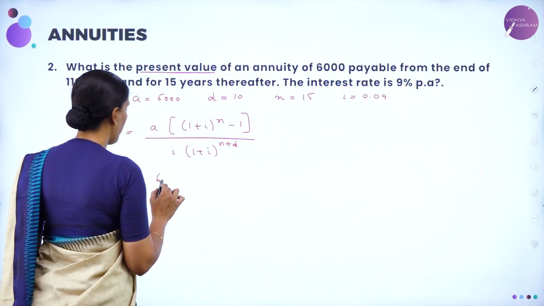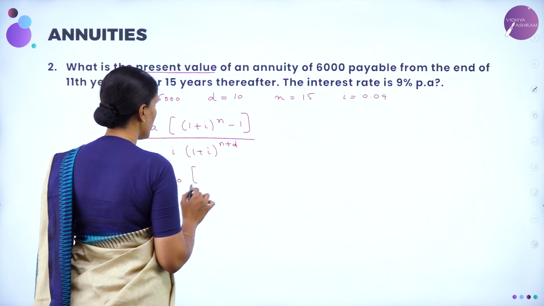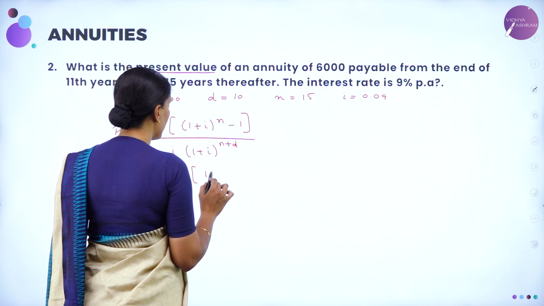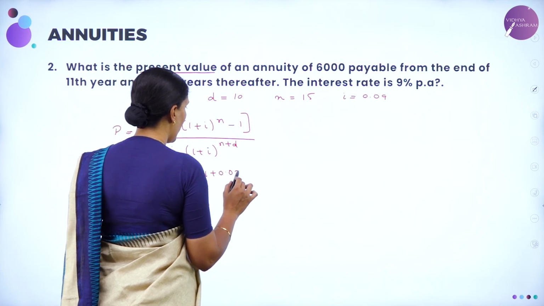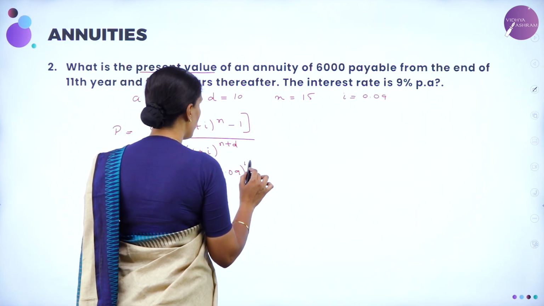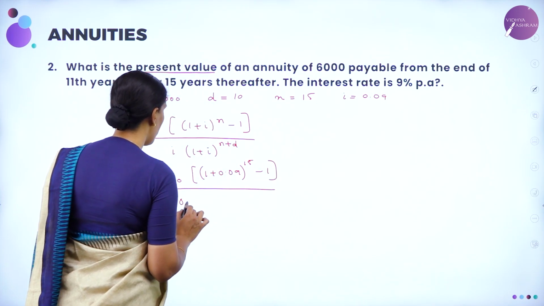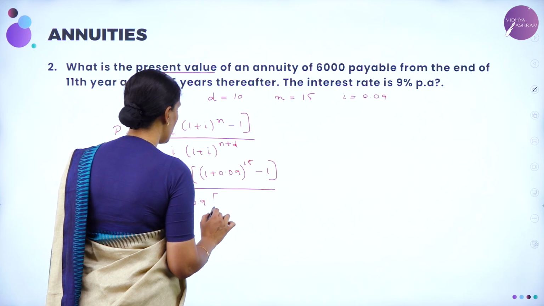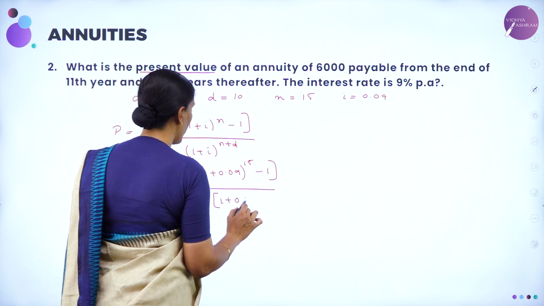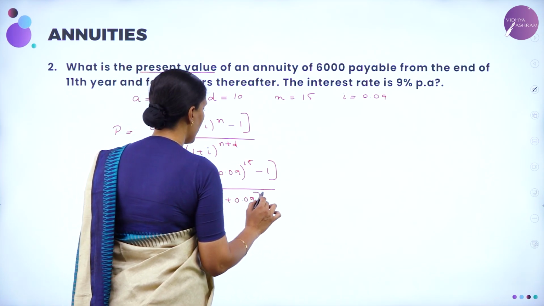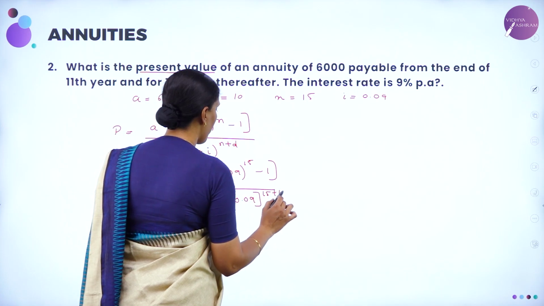This is equal to 6,000 into (1 plus 0.09) whole to the power 15 minus 1 whole divided by 0.09 into (1 plus 0.09) whole to the power (15 plus 10).